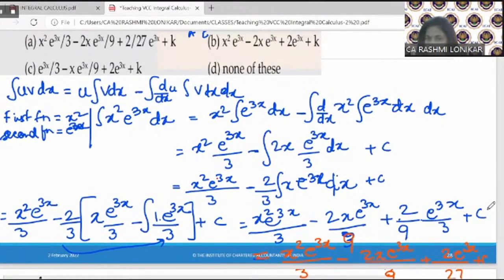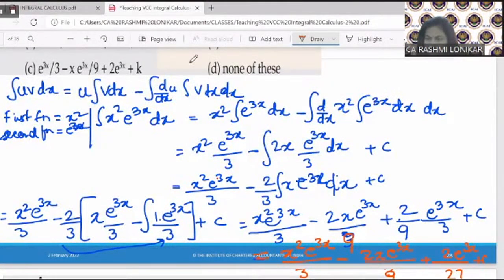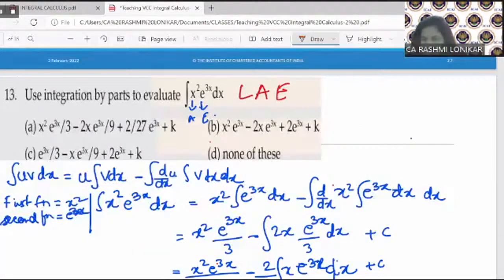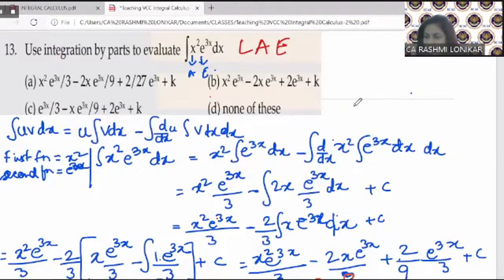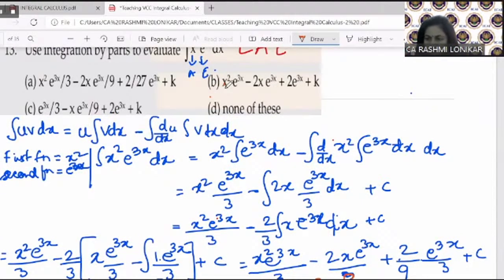Here obviously option B is not correct because it does not have x square e raised to 3x, we don't have upon 3.